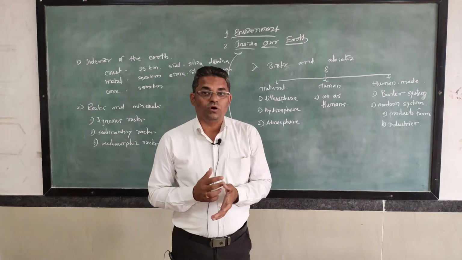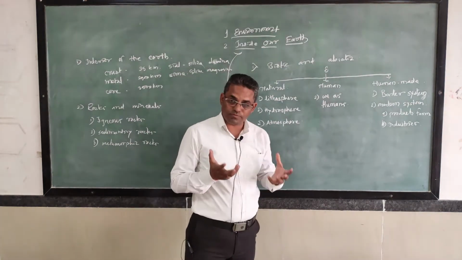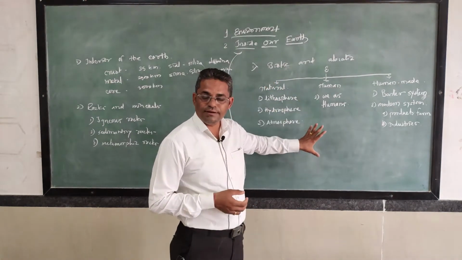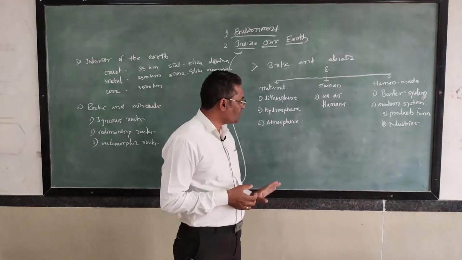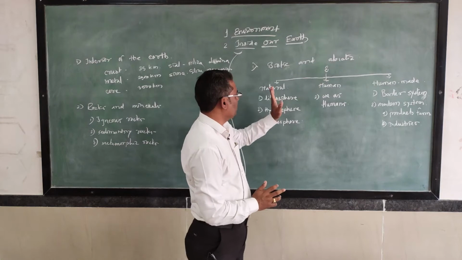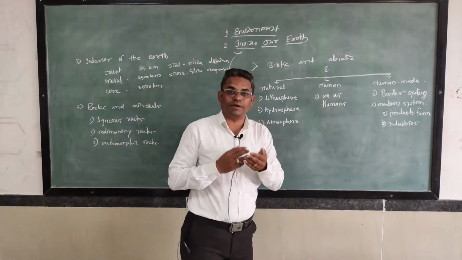To make you understand quickly the lesson and the notes that I am going to send you, I have already written it into a tree diagram. Now see, these are the components of environment. 1, natural. 2, human. 3, human made.